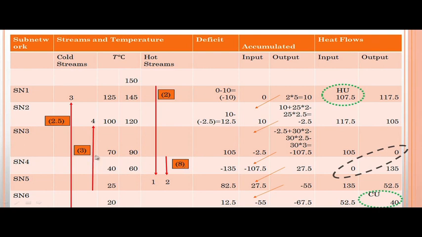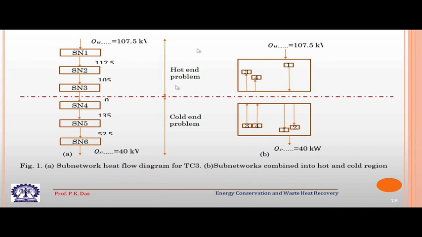So, we can see that the pinch point temperature is 70 and 90, which is exactly the difference of 20 degrees Celsius. So, this is quite some achievement. Now we can show that we have got HN1, HN2, HN3.